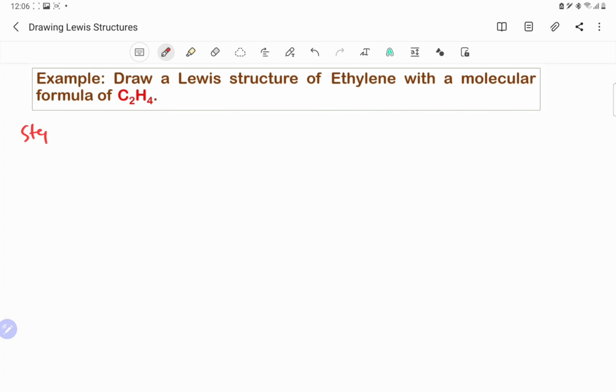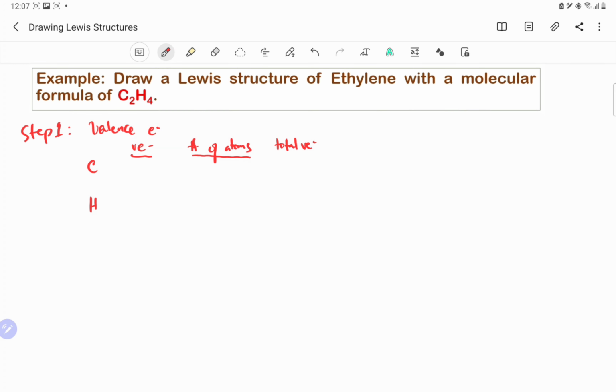So step 1, we need to determine the valence electrons first of all the atoms in the structure of ethylene, and you need to base it on the molecular formula. So in this case, we have carbon, we have hydrogen, valence electron, and number of atoms. So we have here the total VE.